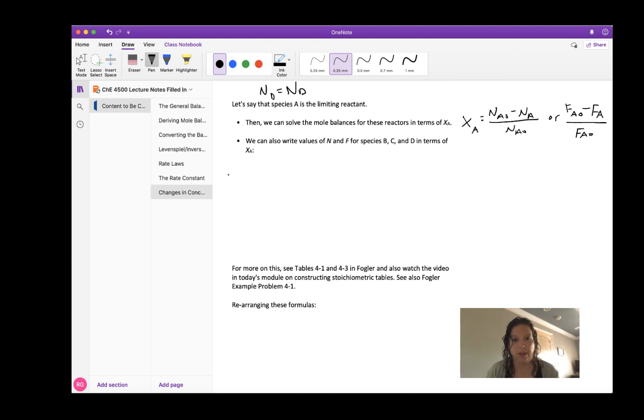For the batch reactor, the number of moles of species i is equal to the amount initially, minus the ratio of stoichiometric coefficients, i divided by the stoichiometric coefficient of the limiting reactant, times the amount present initially of the limiting reactant, times the conversion of the limiting reactant. And similarly, we can write an equation for the flow reactor.